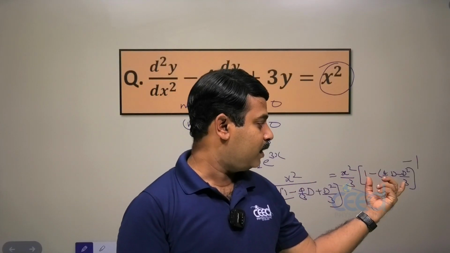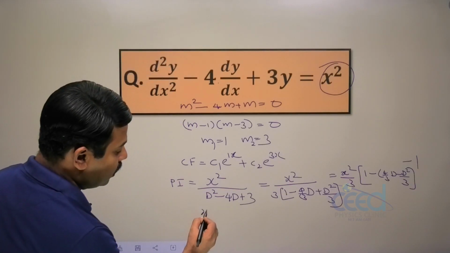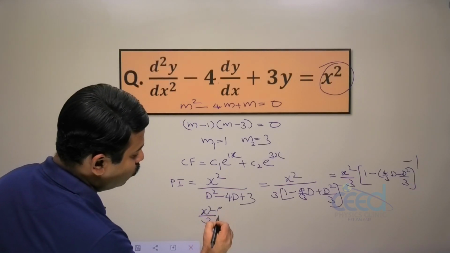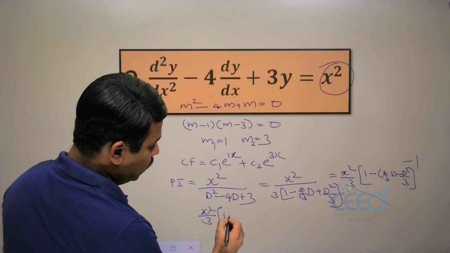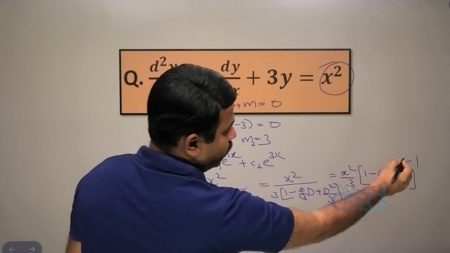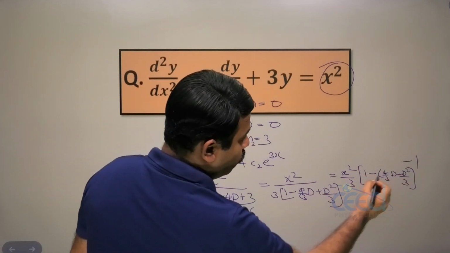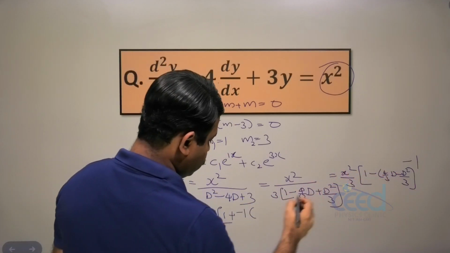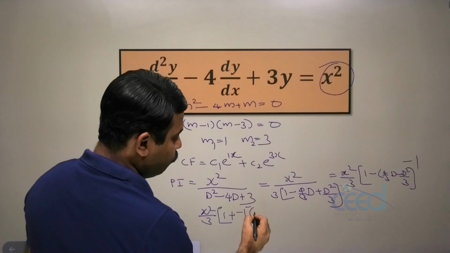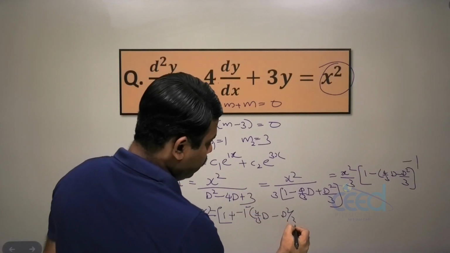Now this is in 1 plus x all raised to n format, so I can write this as x square by 3 into 1 plus nx, where n is minus 1 and x is minus of 4 by 3d minus d square by 3.